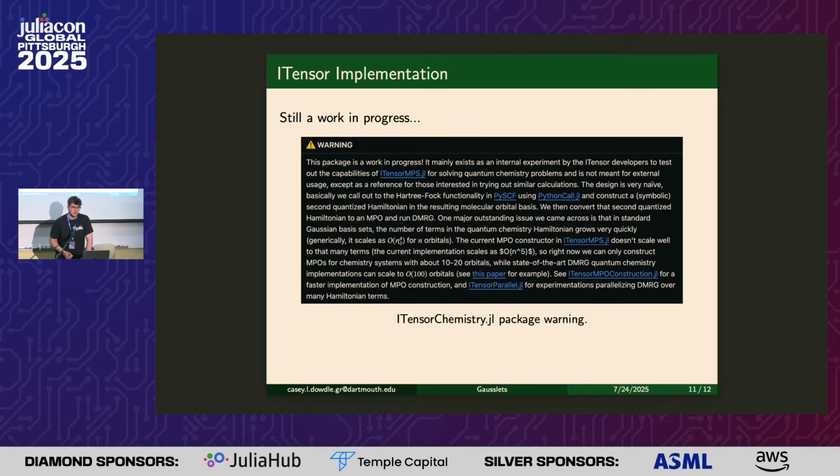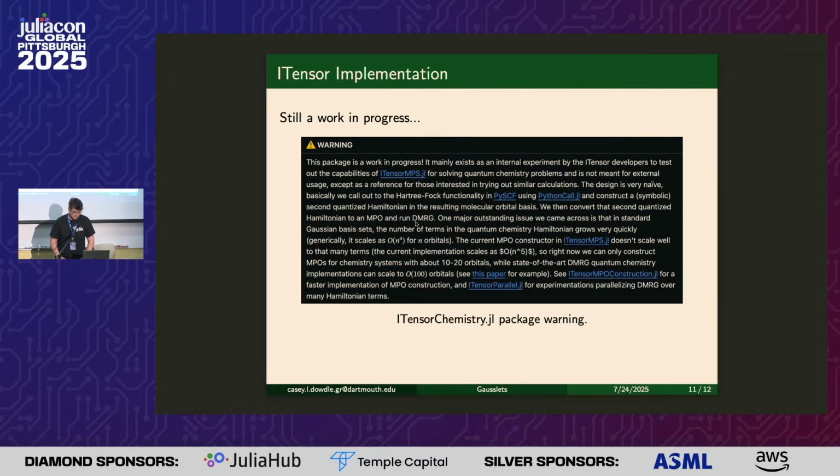Like I said before, now we only have O n squared orbitals. However, in order to tackle realistic systems, I still need to deal with thousands of basis functions. So this is still ongoing work to actually implement this in DMRG, and particularly constructing the MPO using this basis set is currently unfeasible.